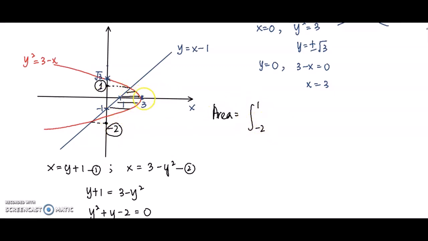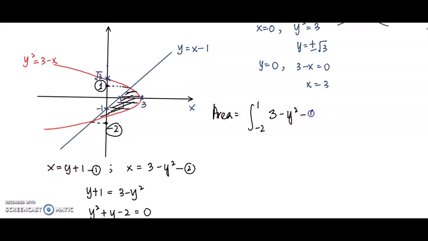And we're going to take the function which is to the right. For this region, you can see that it's bounded by the two curves. The red curve is actually to the right compared to the straight line. So I'm going to use the red curve, which is the function to the right, my square root of 3 minus y squared, minus the curve to the left, which is x equals y plus 1.